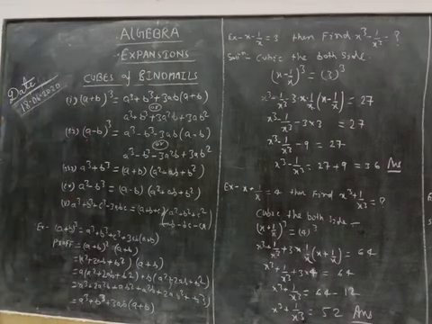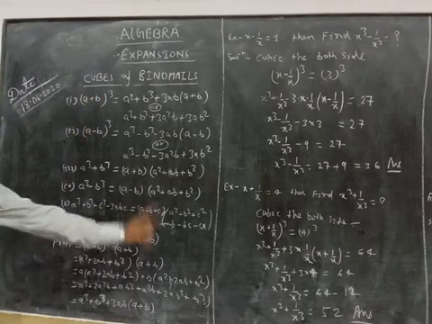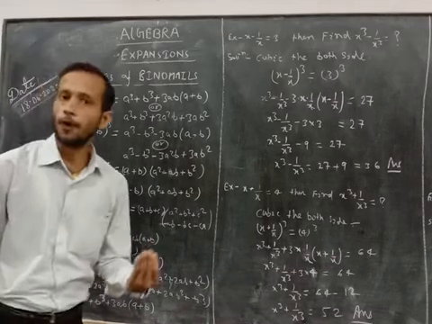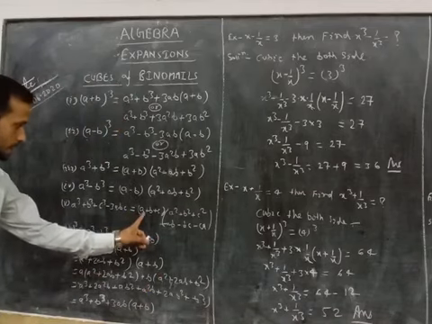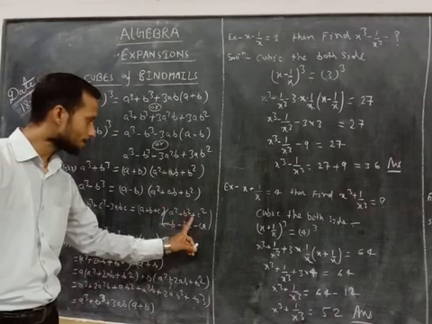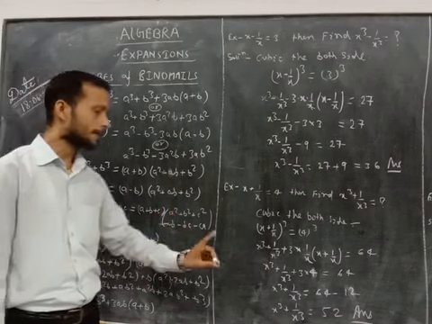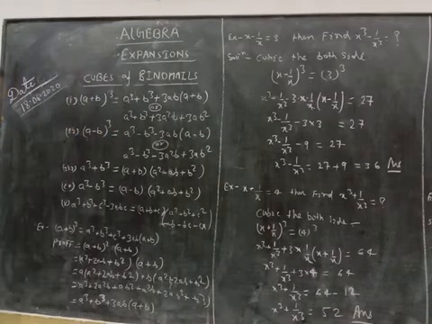Again the fifth: a cube plus b cube plus c cube minus 3abc is equal to what? (a plus b plus c) into (a square plus b square plus c square minus ab minus bc minus ca).